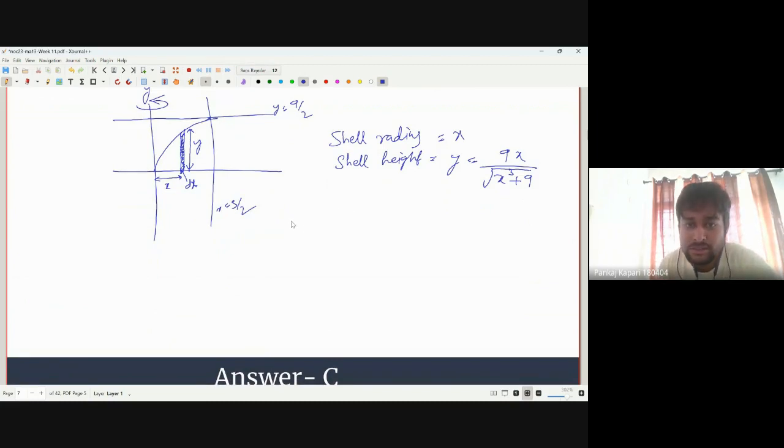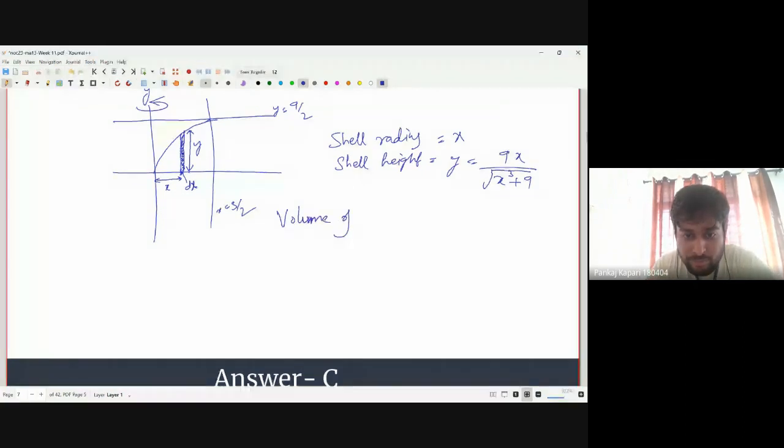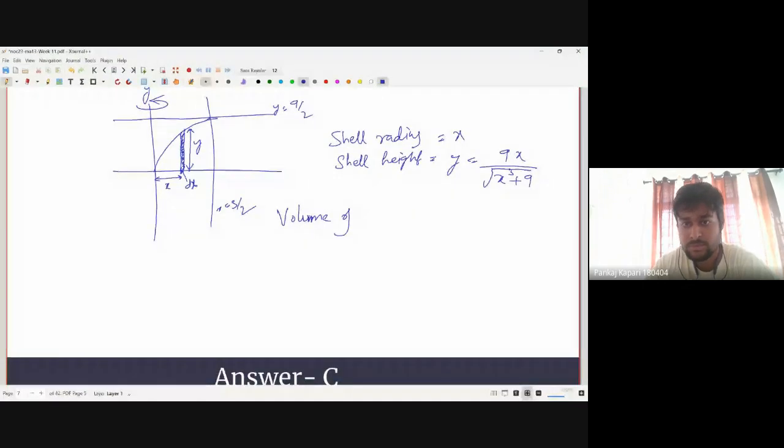And hence, what is the volume? The volume of the solid using cylindrical shells is equal to, let's say, what is this equal to?